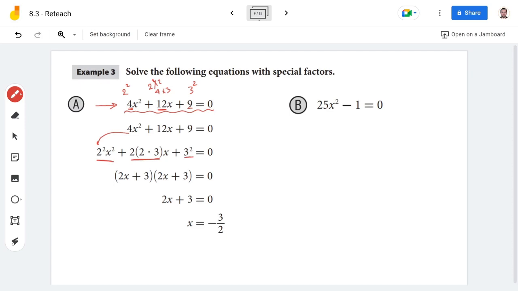Then 9 can be written as 3 squared. Now, if you remember, we can do a grouping. Do you remember how we can do the grouping? It's similar to the perfect square rule.